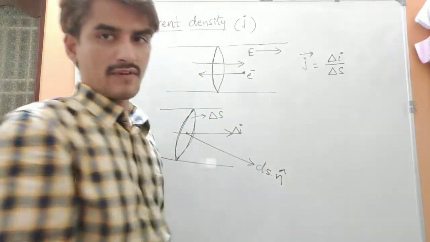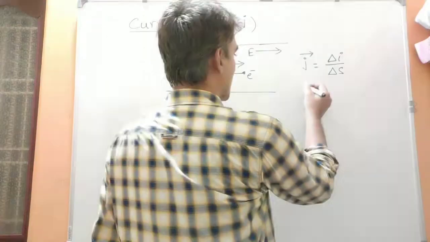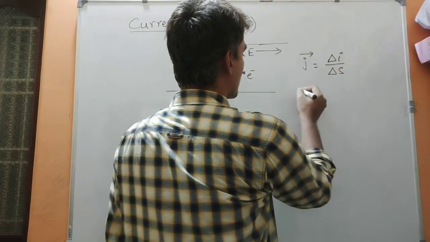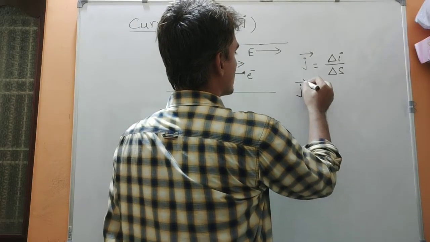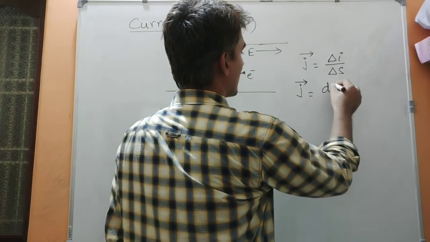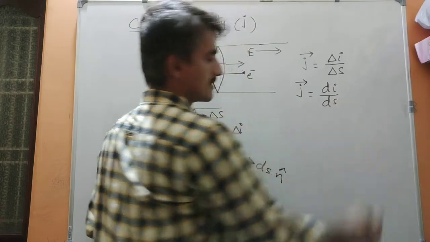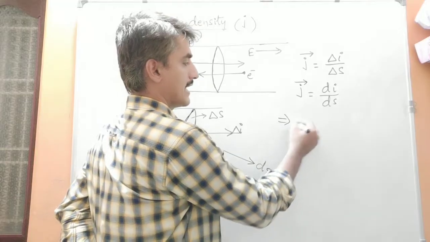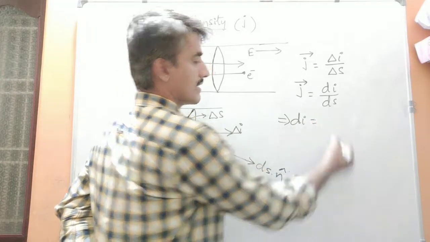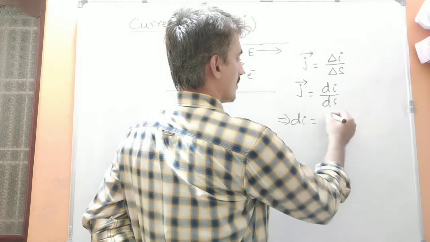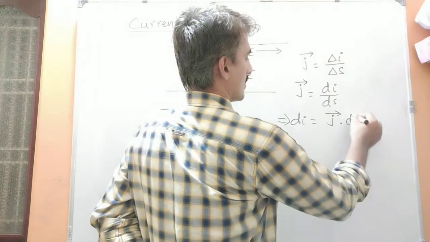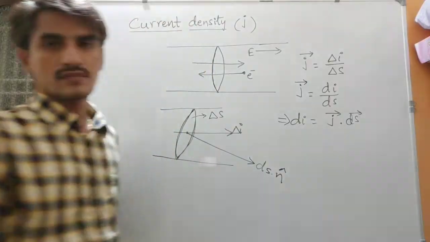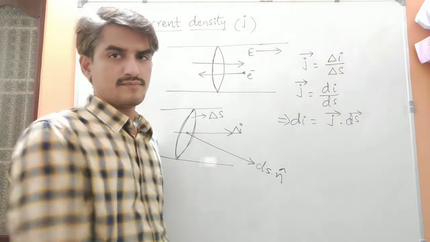Current is not a vector, so instantaneously we can write it as dI by dS. So dI can be written as J bar dot dS bar.